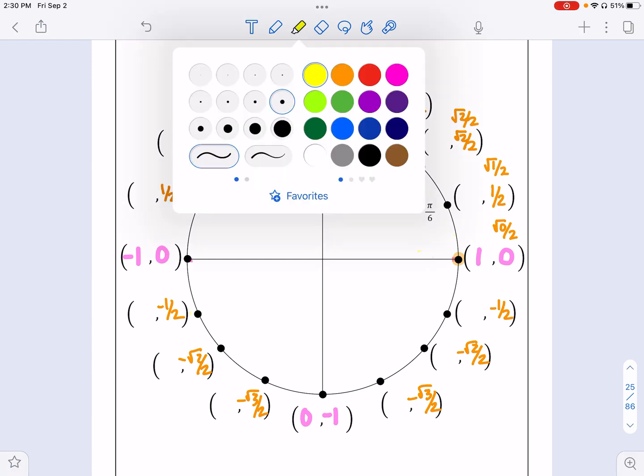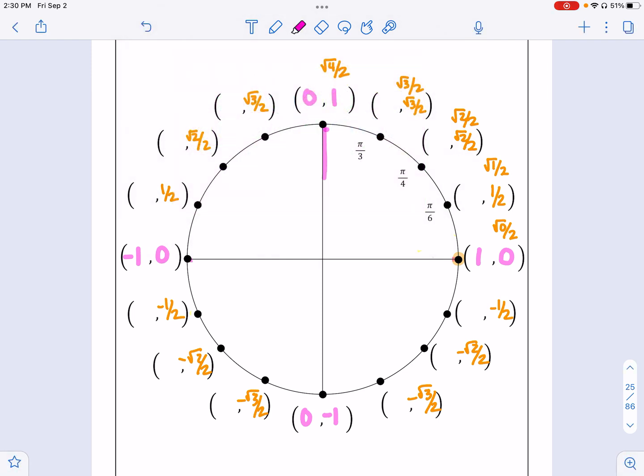So I'm going to go ahead and draw that pink back in so we can see that. Here's my y-axis, here's my x-axis, and now I'm going to talk about width. So we're thinking about width. Well, the width from the center across is 1.